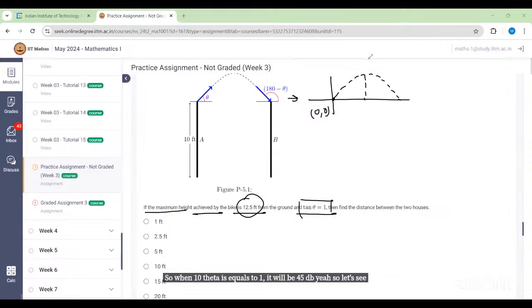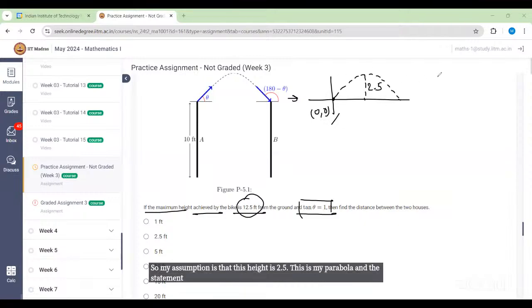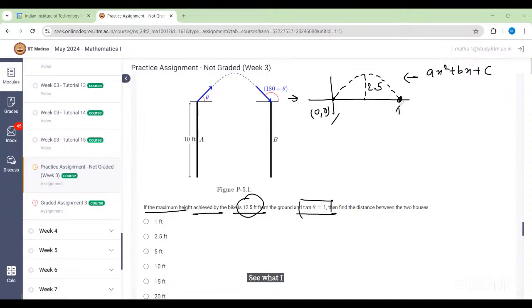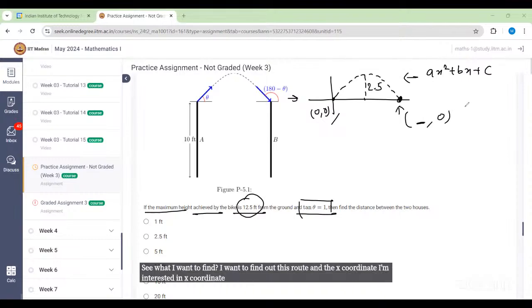So my assumption is that this height is 2.5. This is my parabola and the stuntman is actually following this parabola. Suppose the equation of the parabola is ax square plus bx plus c. What I want to find out is this root. I'm interested in the x coordinate. The y coordinate is 0 basically.